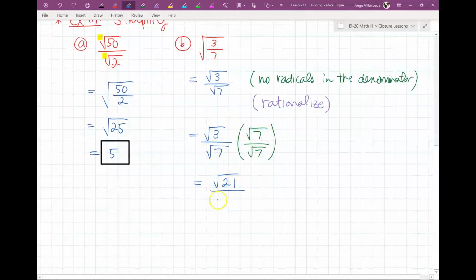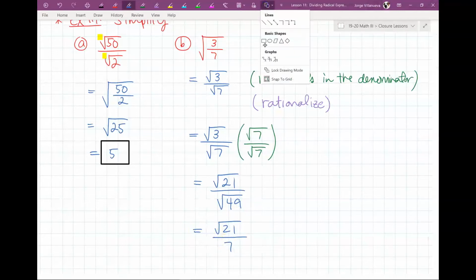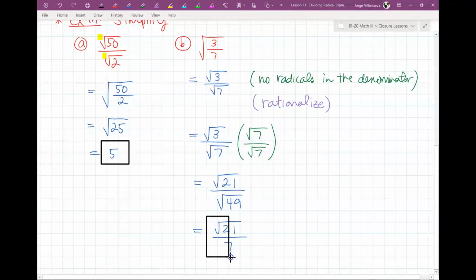Radical 7 times radical 7 is radical 49. Radical 21 does not have a nice answer, but radical 49 is 7. Now we don't have a square root in the bottom, so perfect. We did exactly what we had to do. We rationalized it. If you're stuck with a square root in the denominator, you have to fix it by rationalizing it.